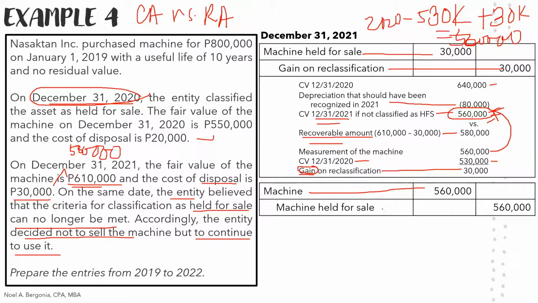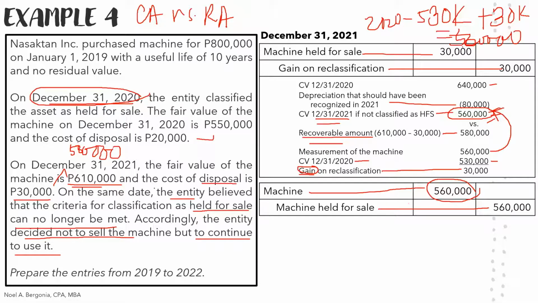Okay? And then credit na tayo ng held for sale na 560,000. Okay? So wala na yung held for sale natin. It will now be continually used as machine under the cost or carrying amount na 560,000. Okay, so I hope that that is clear, no?